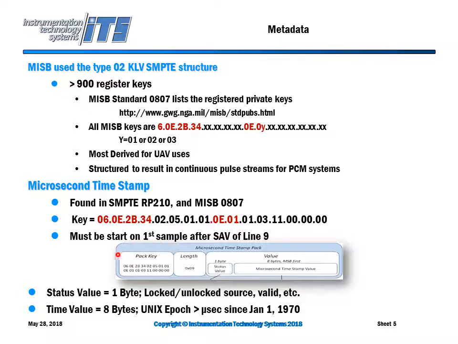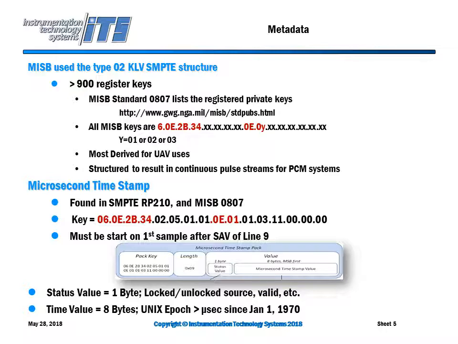So the MISB key, as shown down here, has the 16 bytes identifying these digits for the key lookup, the length of 9, as you see here, and then a structure of 1 byte of status and 8 bytes of microsecond count since January 1st, 1970. That is the KLV packet in the value space.